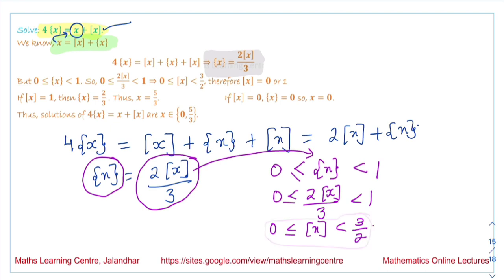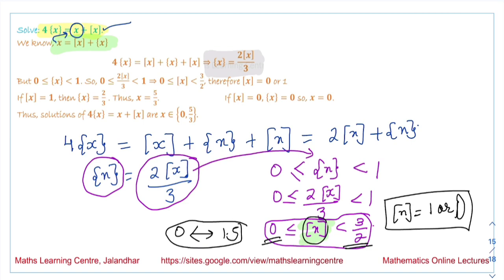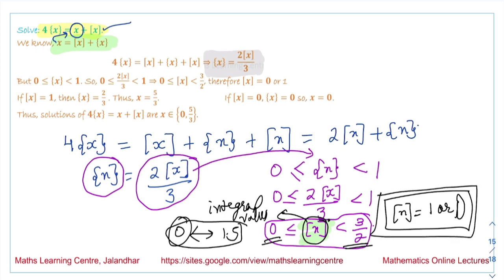Why? Because it lies between 0 and 1.5, and the greatest integer of x has only integral values. The 0 is included, so there are only two possible values for the greatest integer of x, 0 and 1.